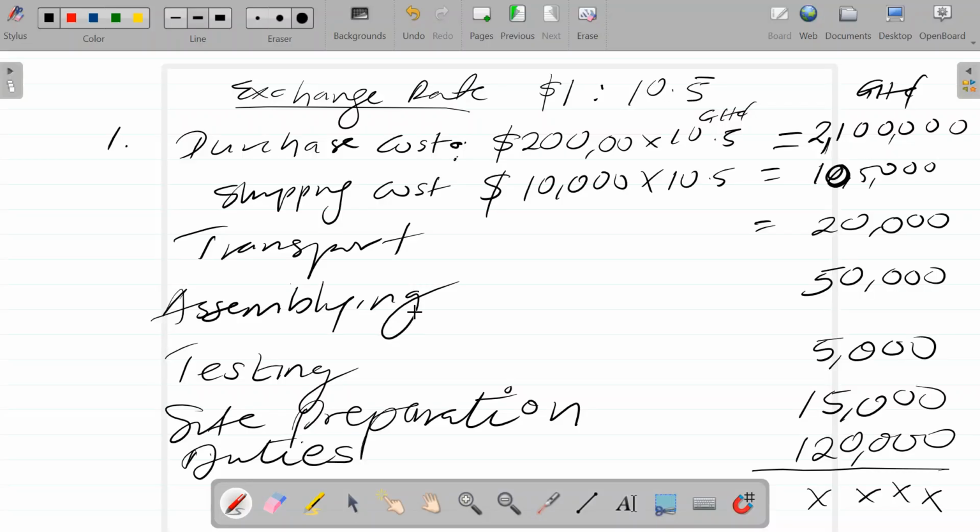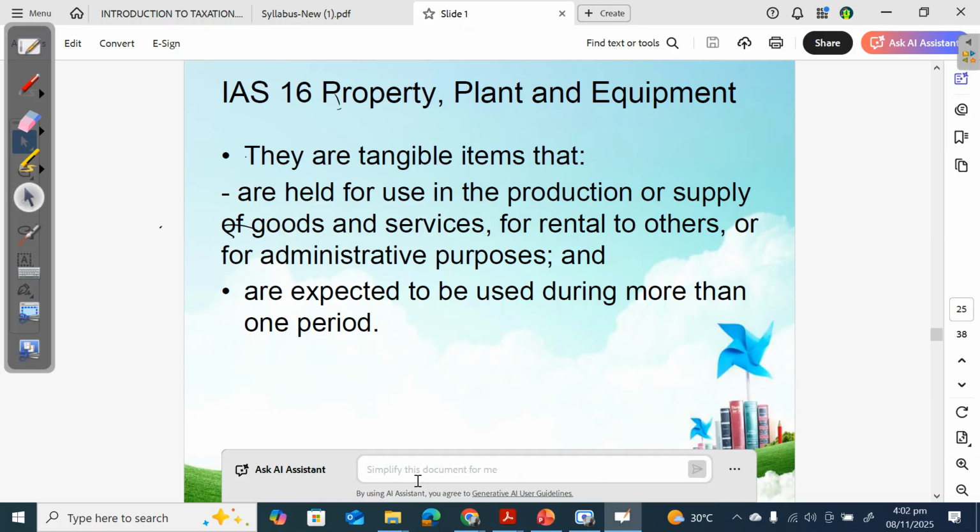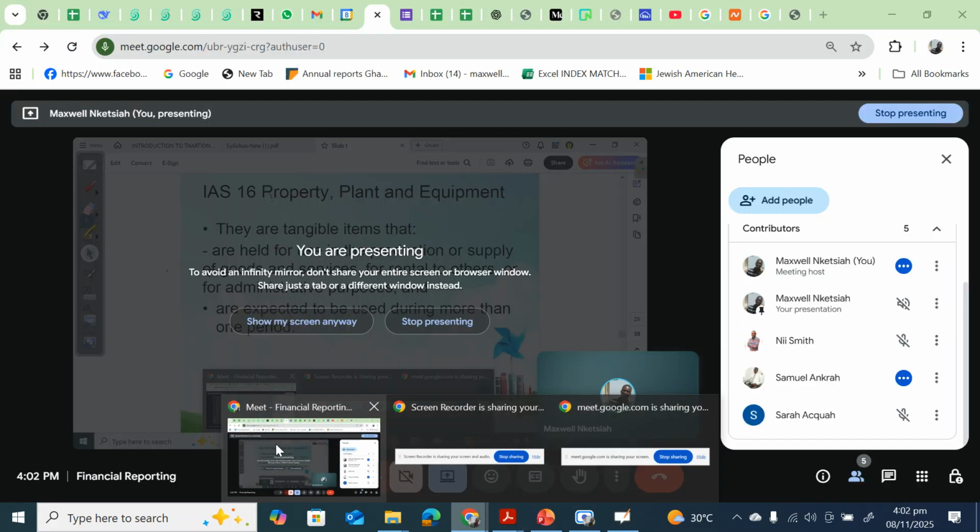You record the details in your fixed asset register: the name of the asset, the supplier's name, the asset code, the useful life, and the depreciation type, whether straight line or maybe reducing balance. Then you look at the subsequent measurements.